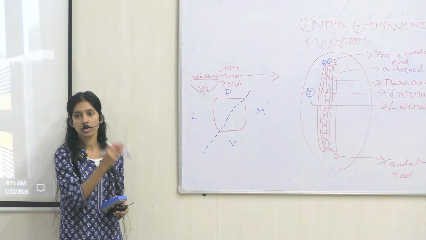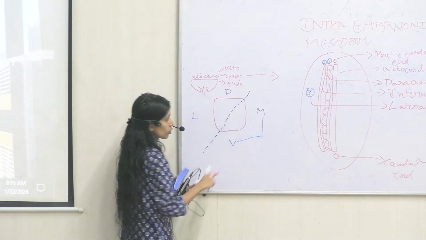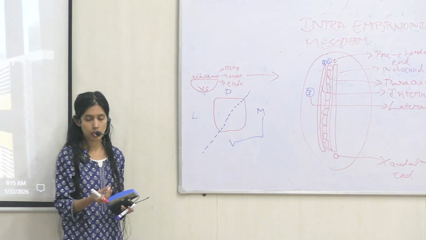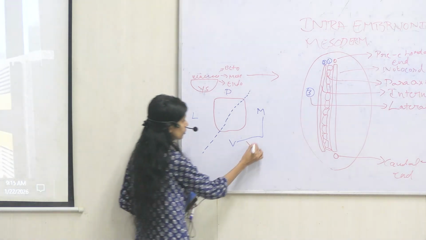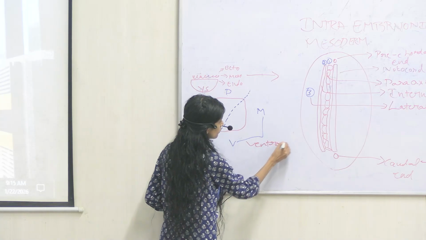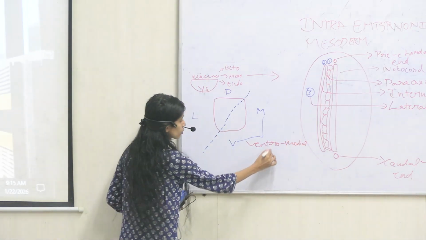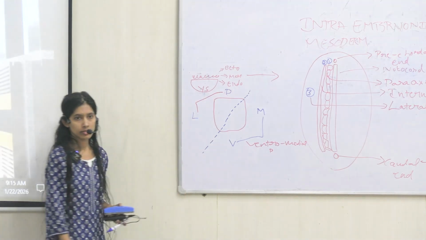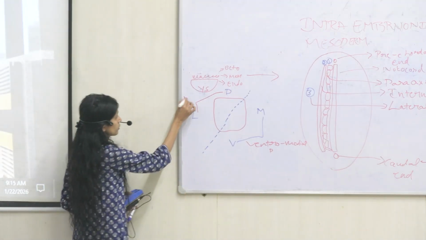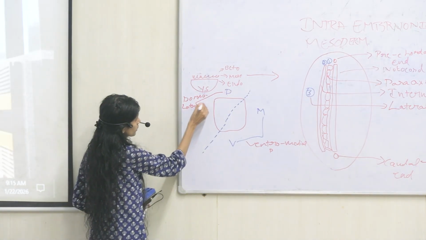Now these parts together are called the ventromedial part, and these two parts together are called the dorsolateral part.